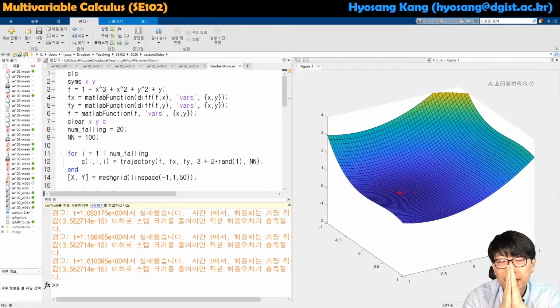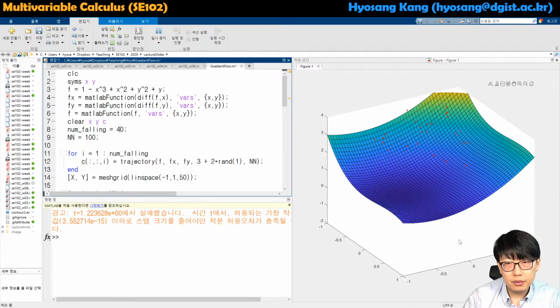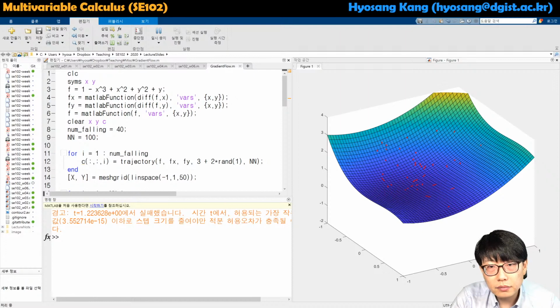And what does it look like? Let me show you again. Maybe I will increase that one to 40. Can you guess what I'm trying to do by this simulation?